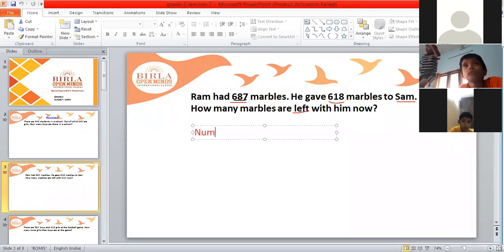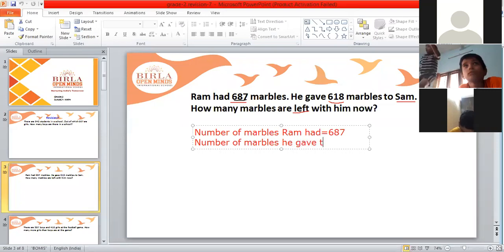So this is number of marbles Ram had equal to how many? 687. Then number of marbles he gave to Sam.